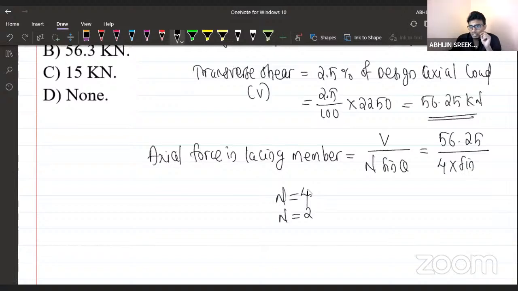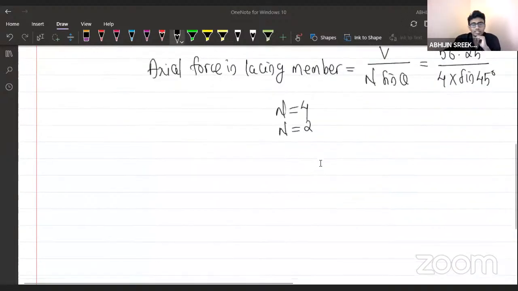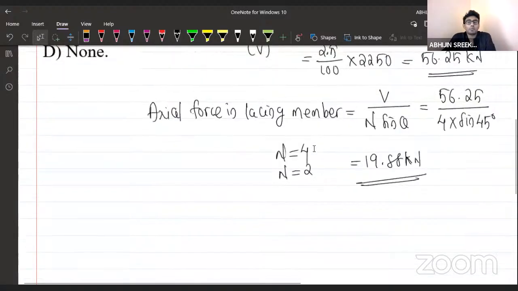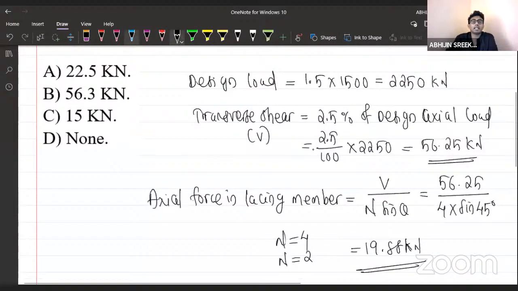Angle is 45, so sin 45. The answer is 19.88 kilonewton. This will be the axial force or design force in the lacing member. So the answer will be equal to D, 19.88.